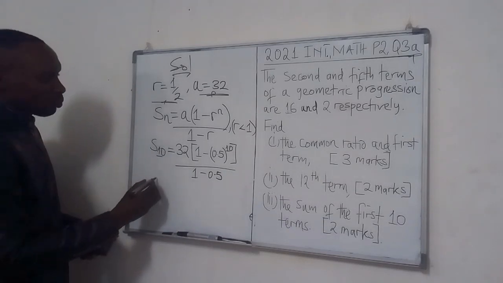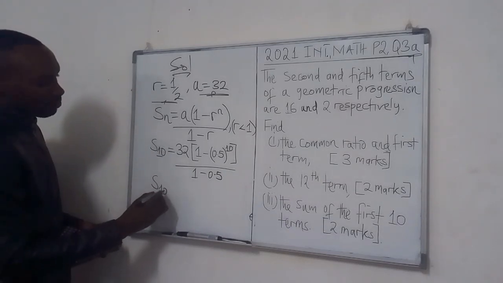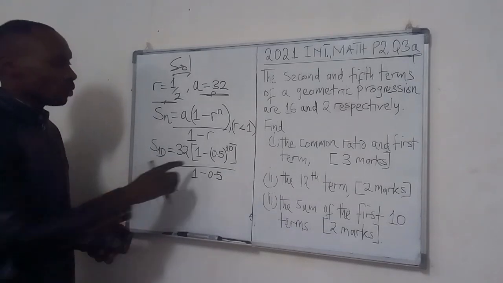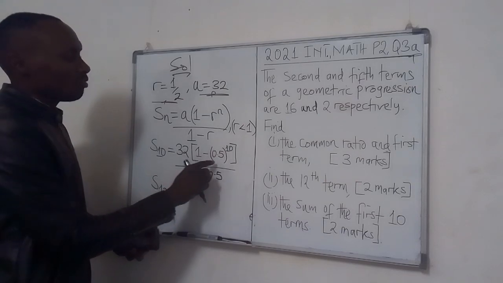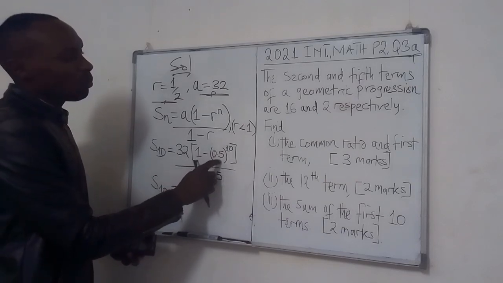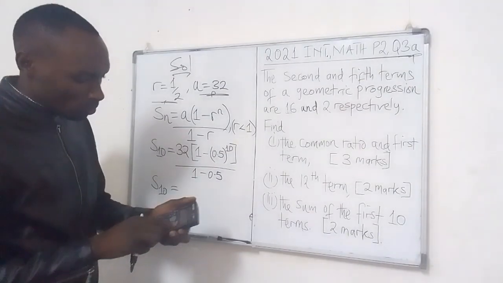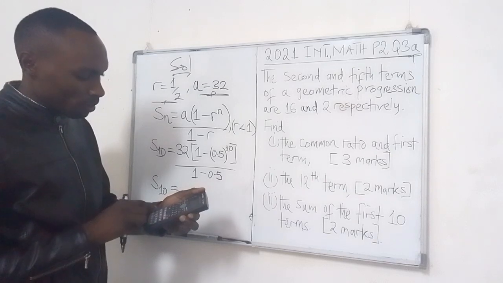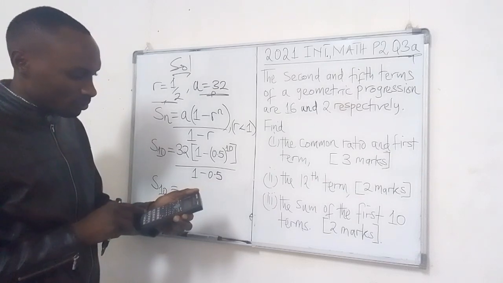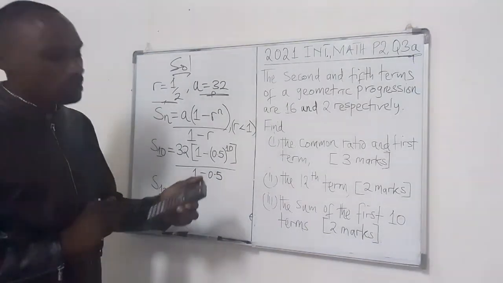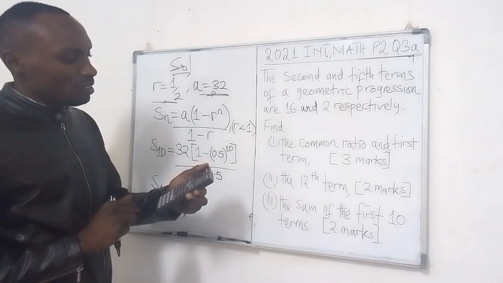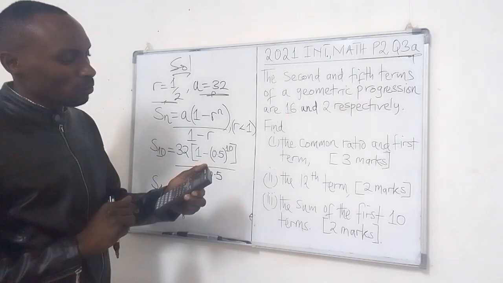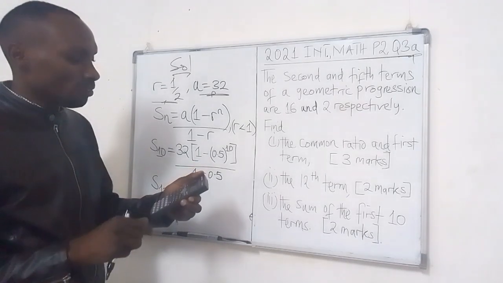So here we just have to work with the calculator. First, I will get 0.5 to the power 10. This gives me 9.765625 times 10 to the power negative 4.